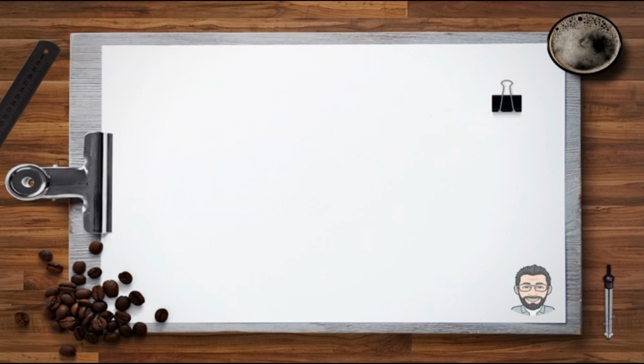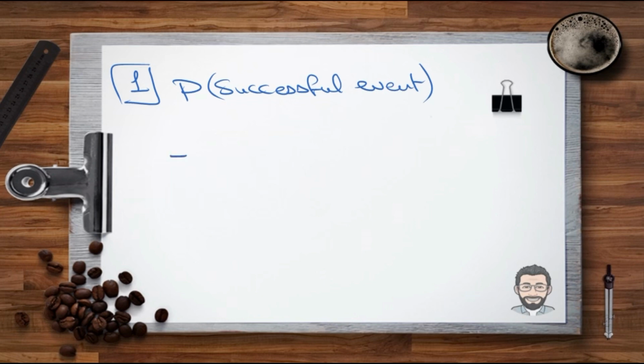Now let's start the first point of the 10 points. The first one, you have to know the formula of probability. So the probability of any successful event is going to be what? It's going to be a fraction.